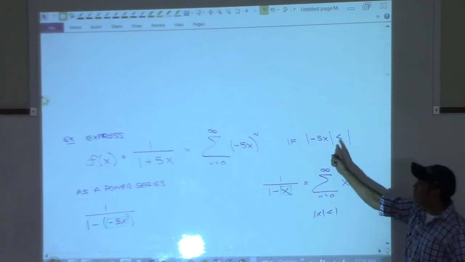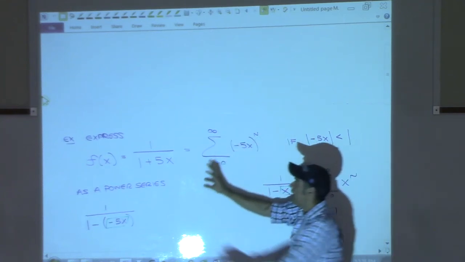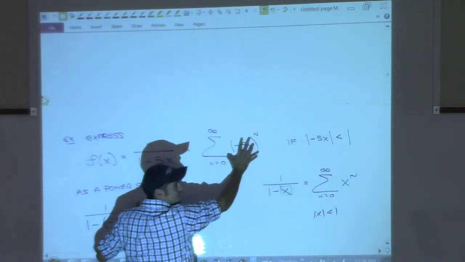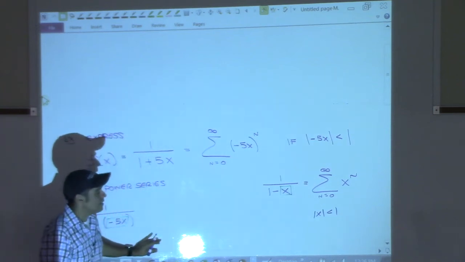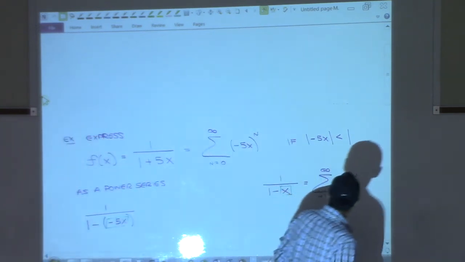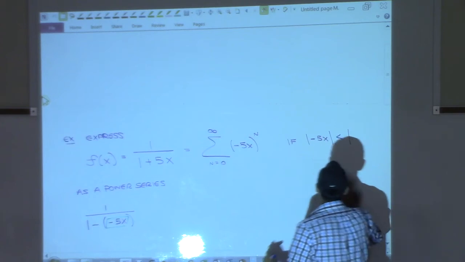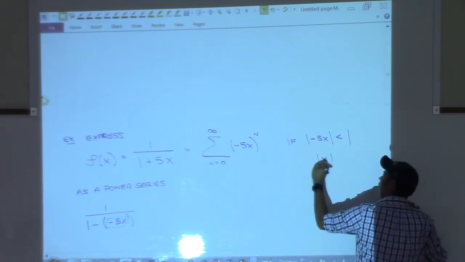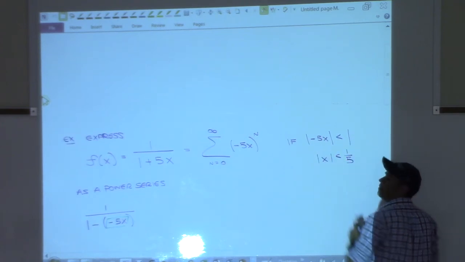This will only be the same as this if the absolute value of negative 5x is less than 1, and that is the same as saying the absolute value of x is less than 1/5.